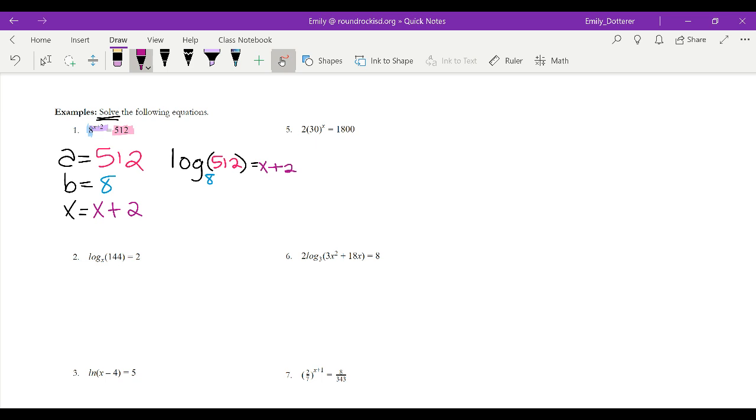So if you have a graphing calculator, here's where all the numbers are. And then over here, there's a log button. And then right below that's natural log.